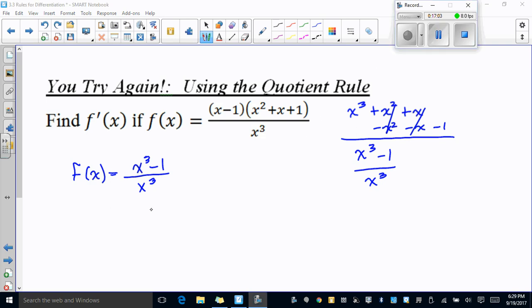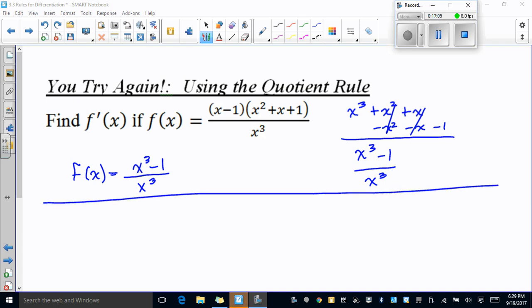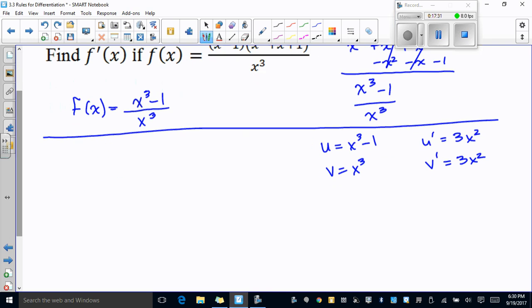Okay, so now we're ready to do the derivative. A lot of prepping on this problem. So u is equal to x cubed minus 1, so u prime is 3x squared. V equals x cubed, so v prime equals 3x squared. So f prime of x is going to be u prime v minus v prime u all over v squared.